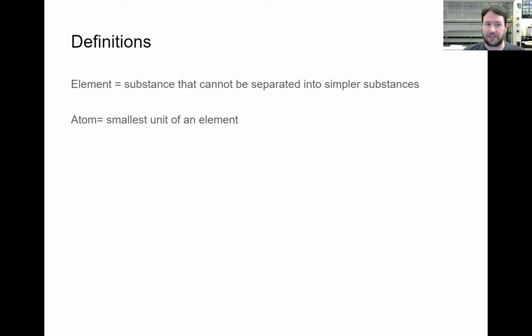But if we have two elements that don't react, then these definitions hold up pretty well. But really all the interesting things about chemistry are the reactions and the new properties that we see in those molecules. So I guess maybe I should have put molecule on here as well, but that's okay. We're getting ahead of ourselves.